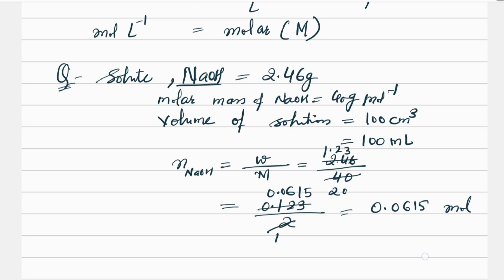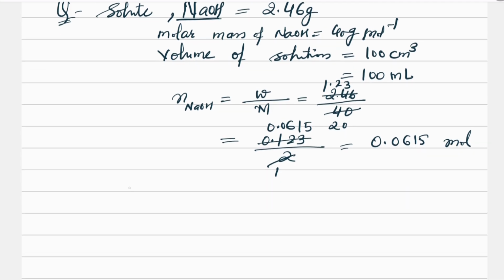Okay, so to calculate the molarity of the sodium hydroxide solution, that is number of moles divided by volume. If it is in milliliters, then multiplied by 1000.